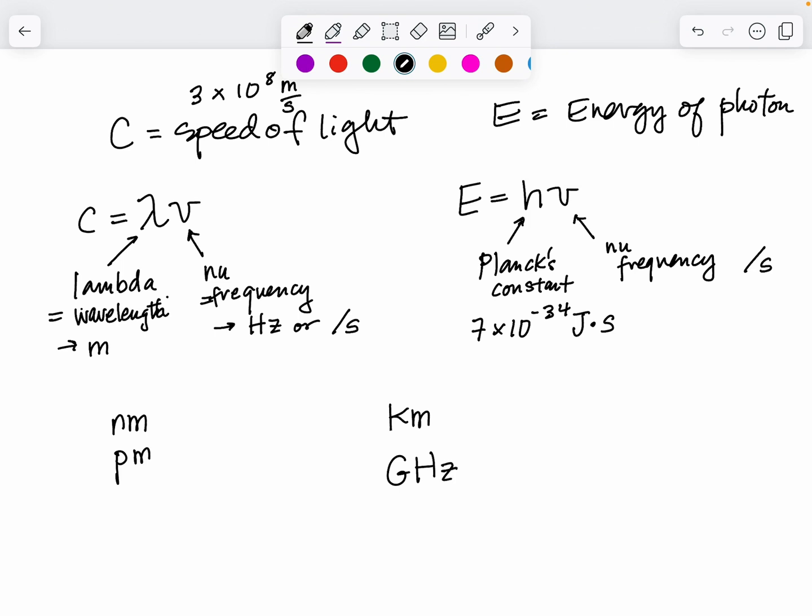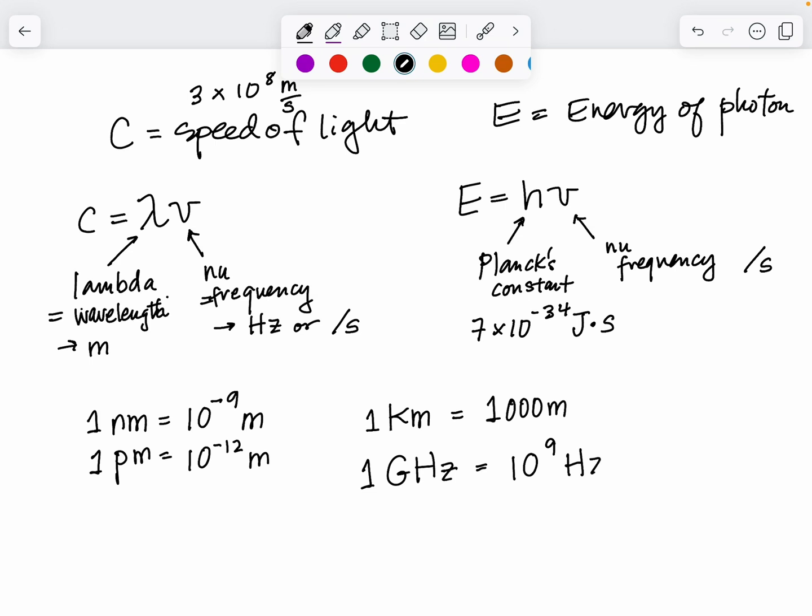So let's look at what those conversions are going to be. 1 nanometer is equal to 10 to the minus 9 meters. 1 picometer is equal to 10 to the negative 12 meters. 1 kilometer is equal to essentially 1,000 meters. And then 1 gigahertz is 10 to the 9 hertz, or per seconds.